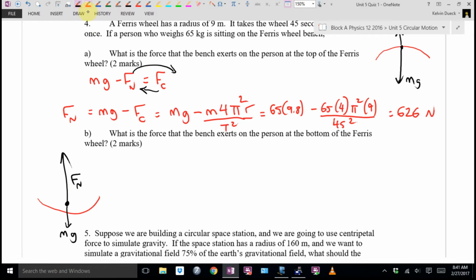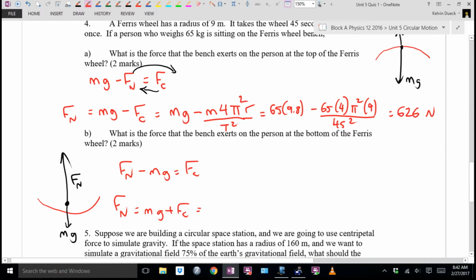So now my equation is going to be normal force minus mg equals fc. It's going to be normal force equals mg plus fc, or fc plus mg. It's going to be 65 times 9.8 plus 65 times 4 pi squared times 9 all over 45 squared.